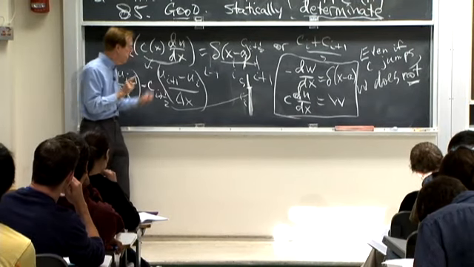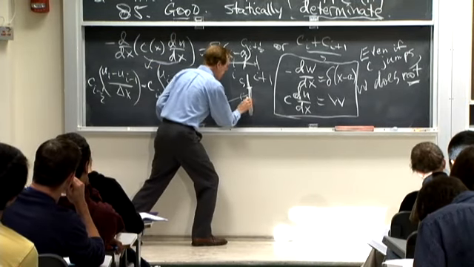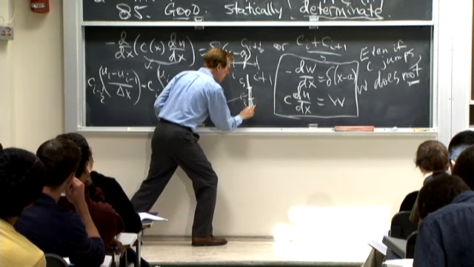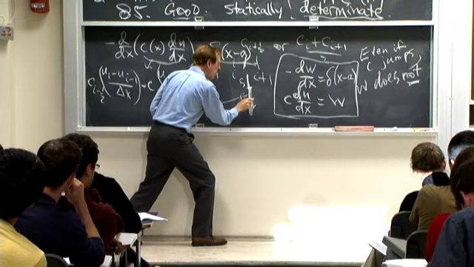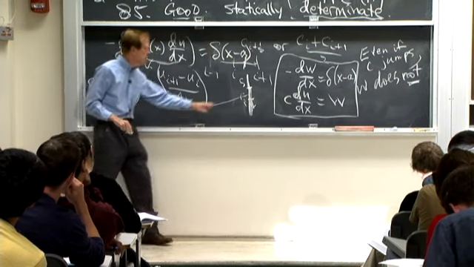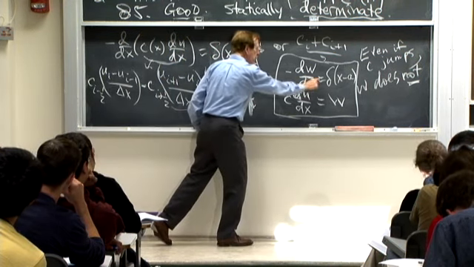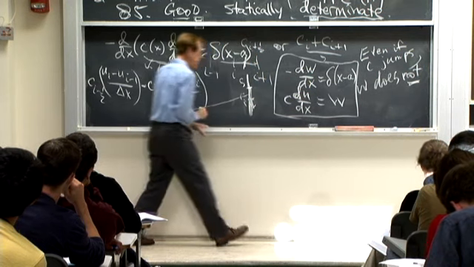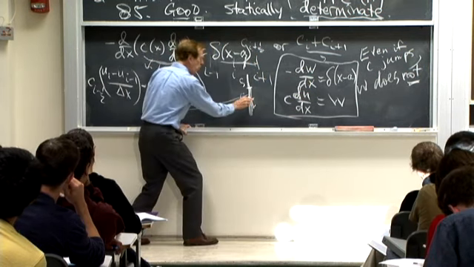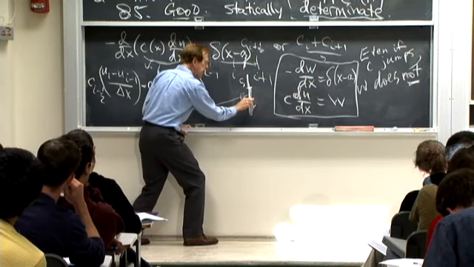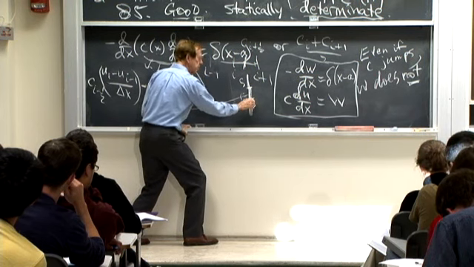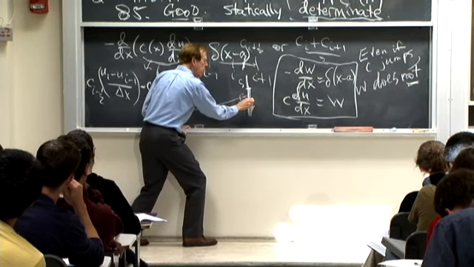Now, you asked about a delta function. If I hang a delta function there, that's like hanging a point load at a point. What happens at that point? Well, W jumps. The force pulling up is not the same as the force pulling down because there's this extra point load.